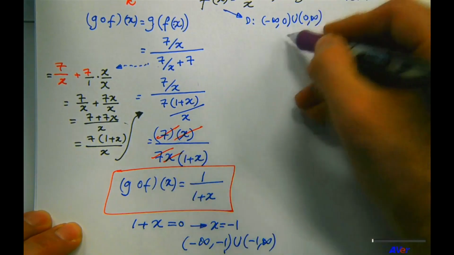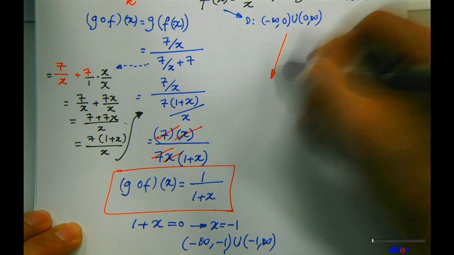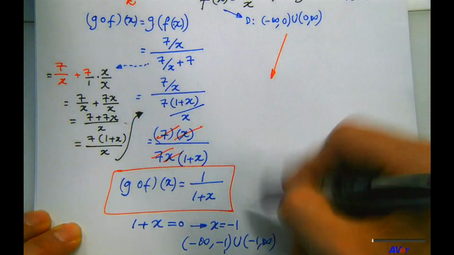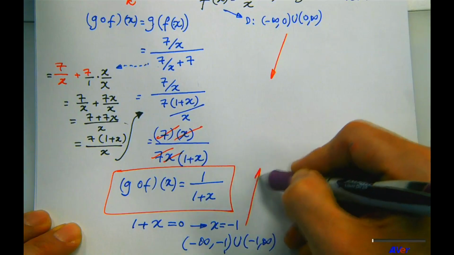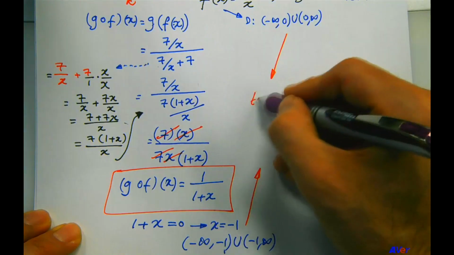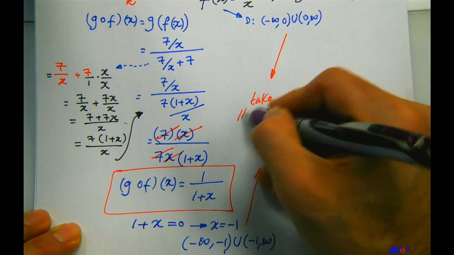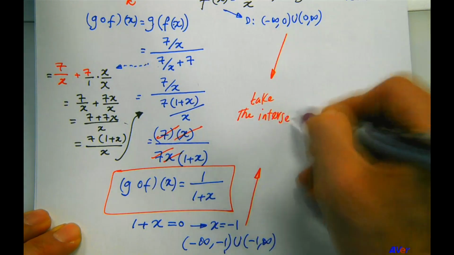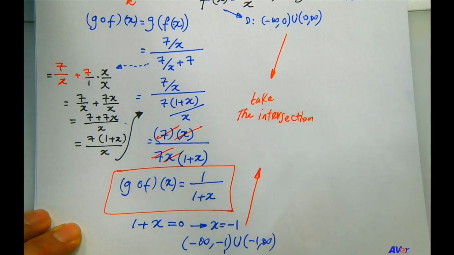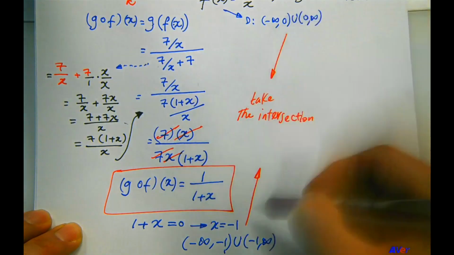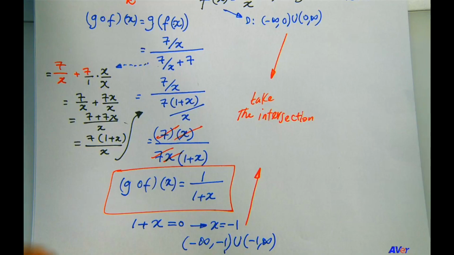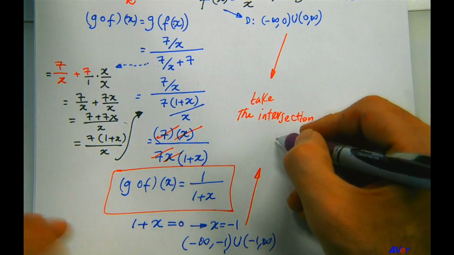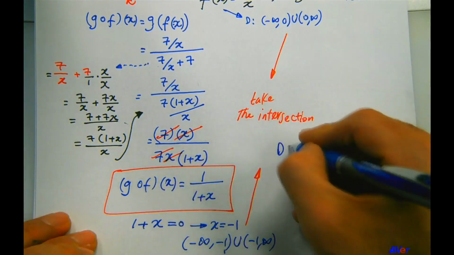So take the intersection of that, which is the function that went inside another function, and that. Take the intersection of that and that. What do we end up with? We end up with the domain.